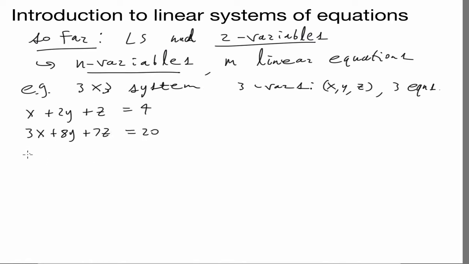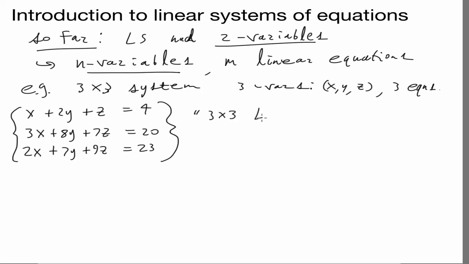And then finally 2x plus 7y plus 9z is equal to 23. I'm going to put little brackets around this to organize my system. So we would say this is a 3x3 linear system.